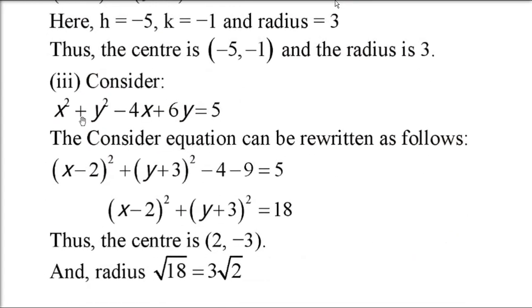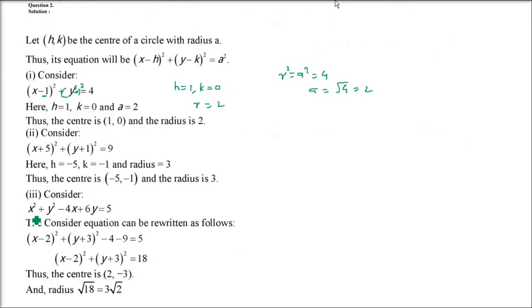Third one, x square plus y square minus 4x plus 6y equals 5. So what do we do here? Combine the x terms, and we will try to make it a perfect square. And whatever we add to make the perfect square, we have to add on the right hand side also.